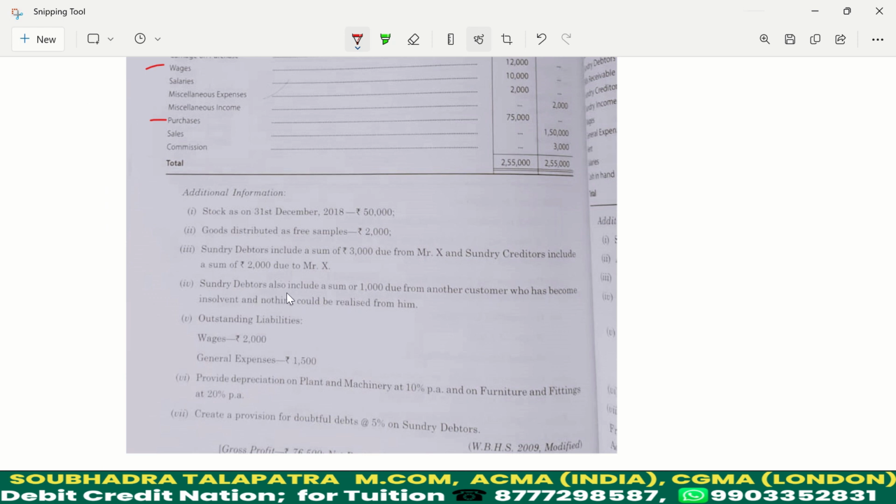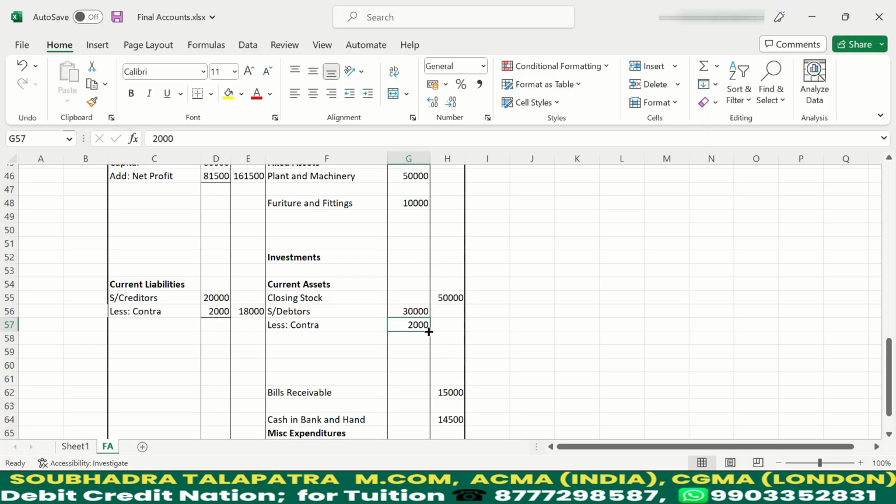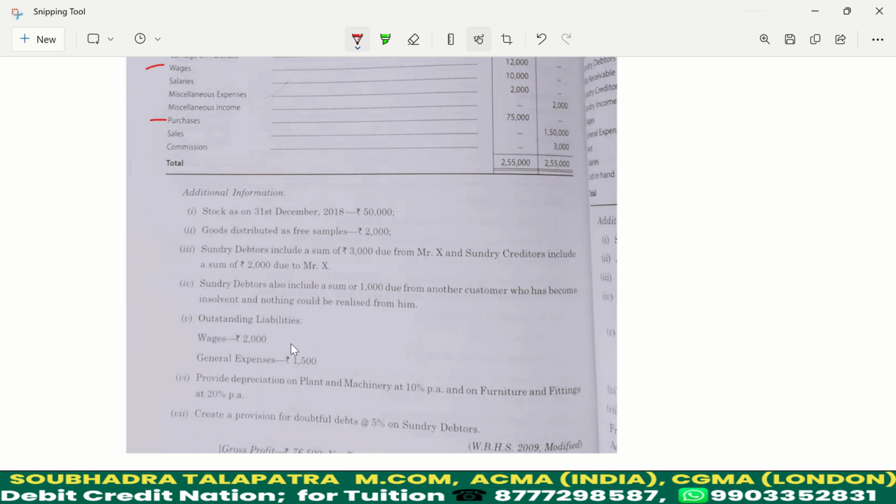Next is sundry debtors also include a sum of rupees 1000 due from another customer who has become insolvent and nothing could be realized from him. That means out of the 30,000 sundry debtors, there is one debtor who is insolvent and he cannot pay. So it is nothing but bad debt. So less bad debt. How much can I not collect?